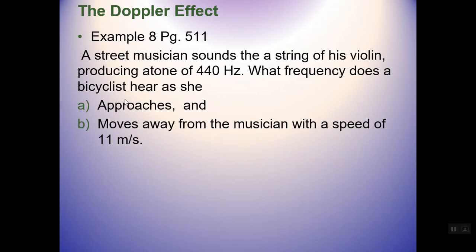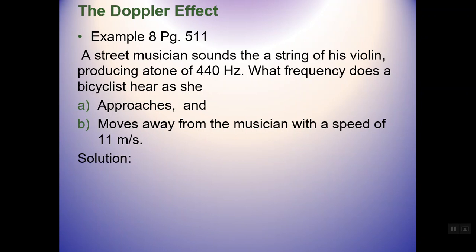Example number 8 on page 511. A street musician sounds the string of his violin, producing a tone of 440 Hz. What frequency does a bicyclist hear as she approaches and moves away from the musician with a speed of 11 meters per second?